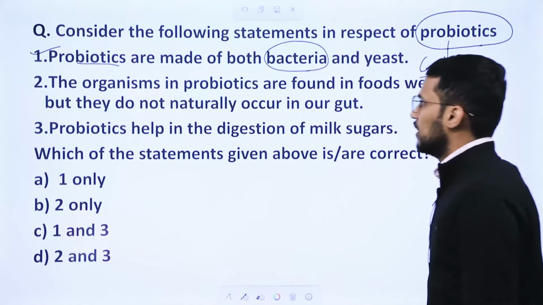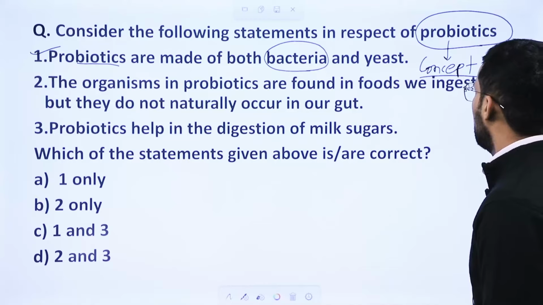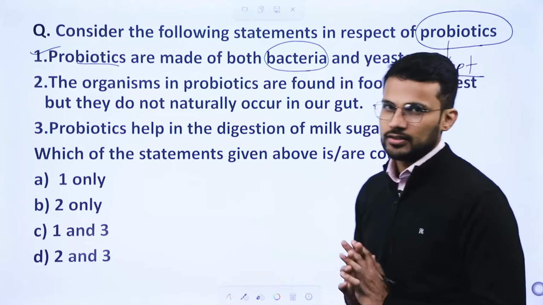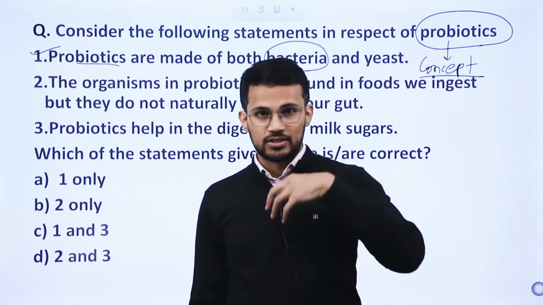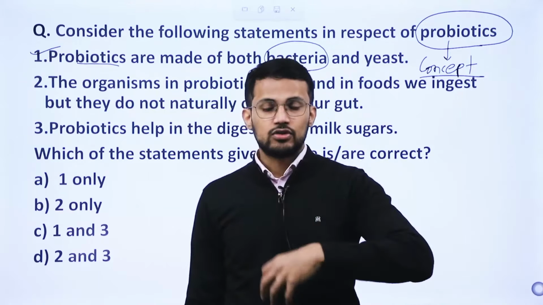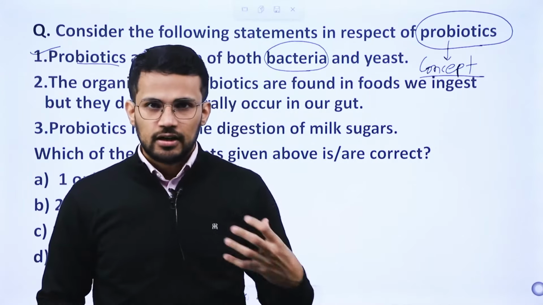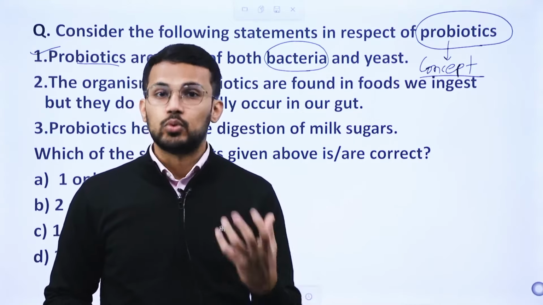Second, the organisms in probiotics are found in food we ingest, but they do not naturally occur in our gut, right? So that is not the case. We take supplements. Why do we take supplements? Because the gut bacteria that are there get a boost, right?